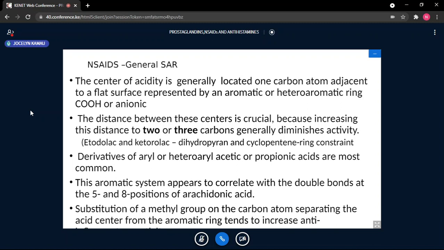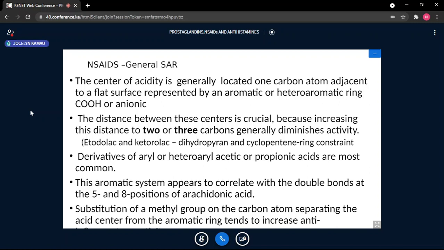For the propionic acid derivatives, you find that the S isomer has much higher activity than the R isomer. For the acetic acid derivatives, even if you do that substitution, the resultant isomers are equipotent.